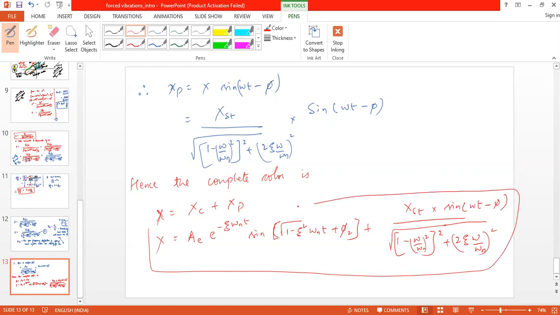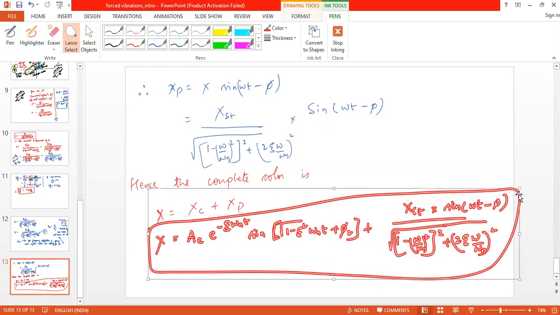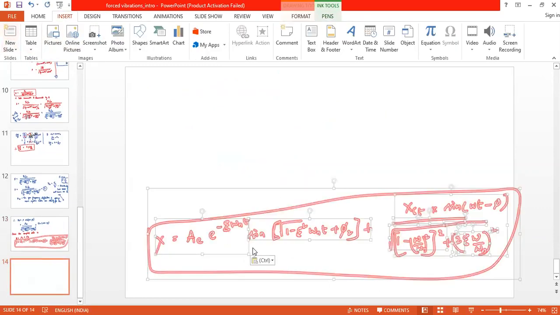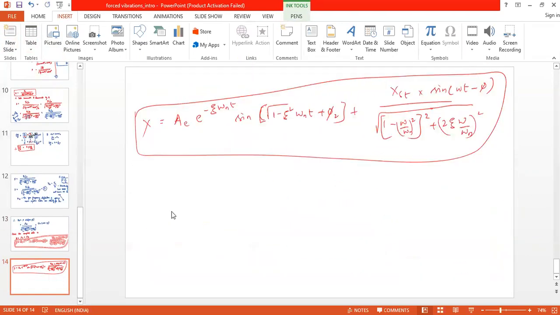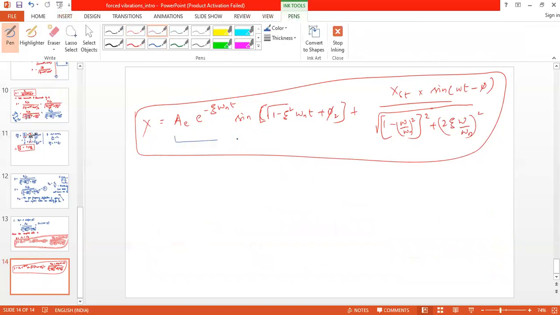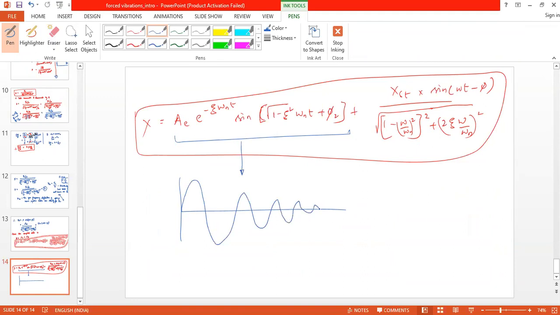But here there is one behavior. In the complementary solution, this is from the damped free vibration for the underdamped case. So we know that in the underdamped case, the amplitude of the vibration will die down after some time, right?